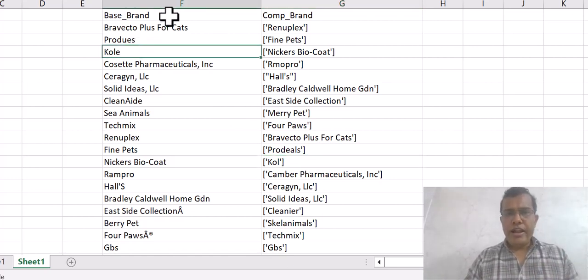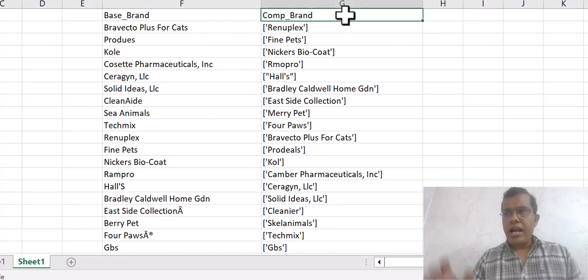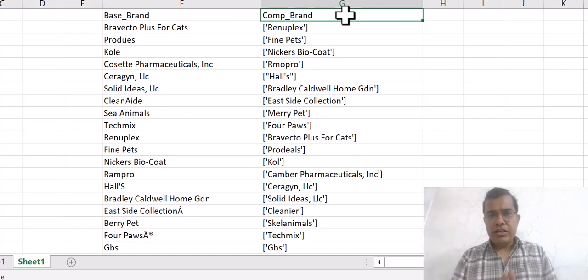Now I want to find, does every record in F match with G? And keep one thing in mind, it may not be an exact spelling. The spelling might be different, there might be extra spaces, there might be special characters, whatever.